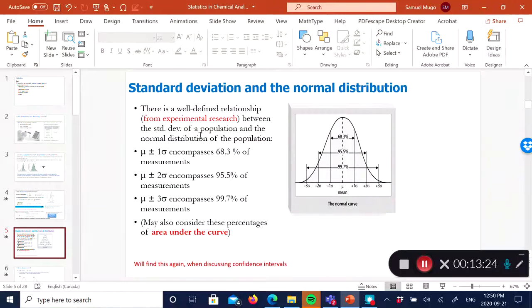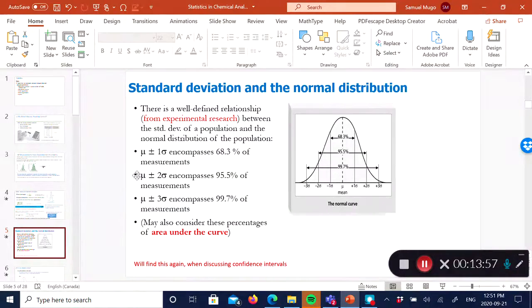And sometimes there's a fairly well defined relationship between the area under the peak, where you take, say, the average, which is the mu in this case, the true value, meaning you've done it many, many times, plus minus one sigma, equals 68.3 percent of that peak.